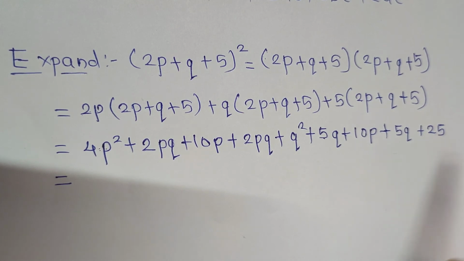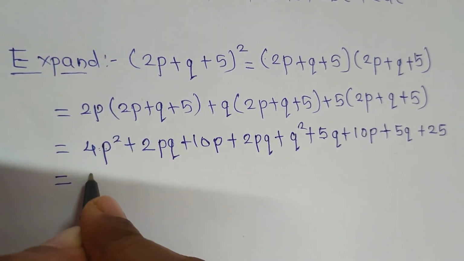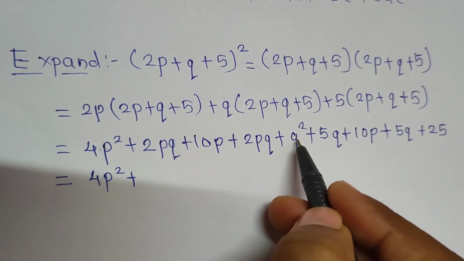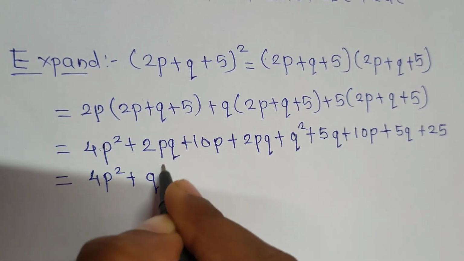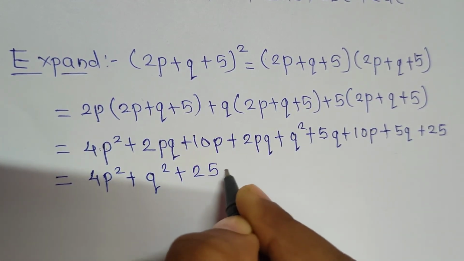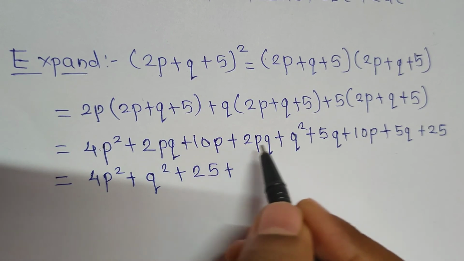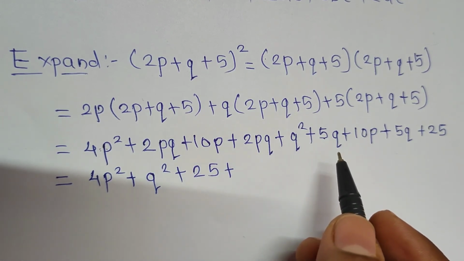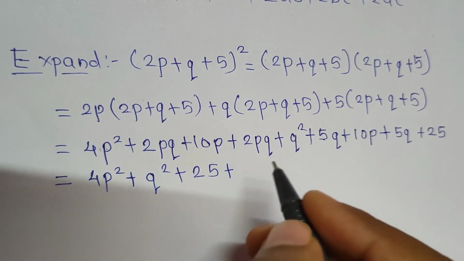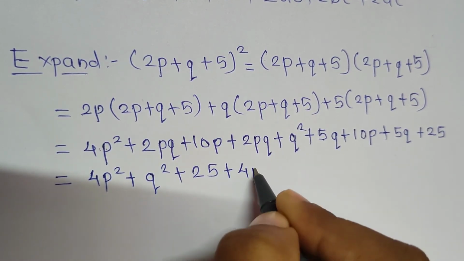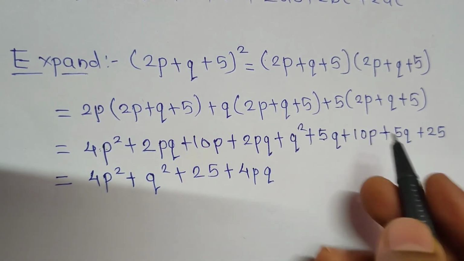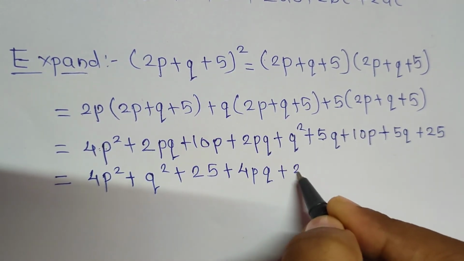So 4p square plus this q square plus this 25. Let's see now which other terms can be added. 2pq plus 2pq will give you 4pq. 10p plus 10p will give you 20p.